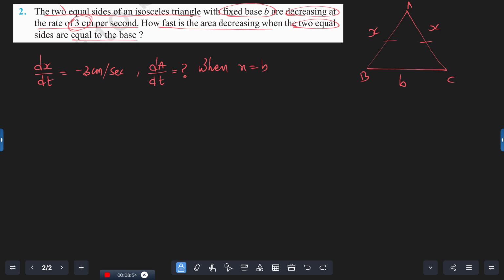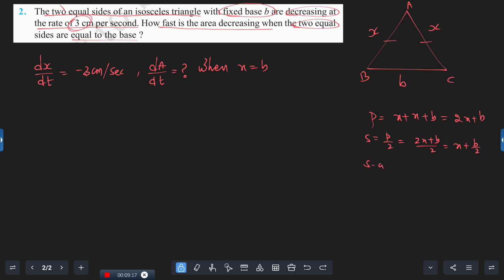Okay, shall we go to the solution? First, the perimeter you have to find. Perimeter is x plus x plus b, which is equal to 2 times x plus b over... that is, 2x plus b. Semi perimeter means P by 2, which is equal to (2x plus b) divided by 2, which is equal to x plus b by 2. This is the s value.